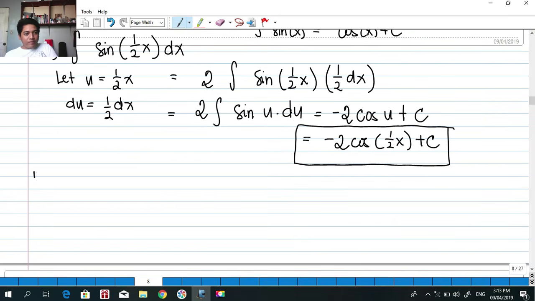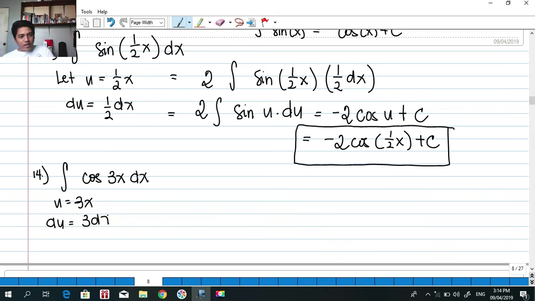So for number 14, another example is to get the integral of cosine 3x dx. Again, letting u equal 3x, the derivative of u with respect to x gives du equals 3 dx. Going back to our integral, we have the integral of cosine 3x times dx, of which our du is 3 dx. So we added 3 here, and we have to add 1/3 outside of the integral.